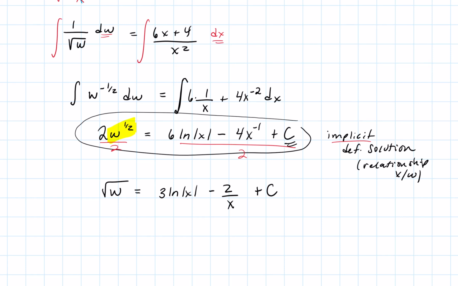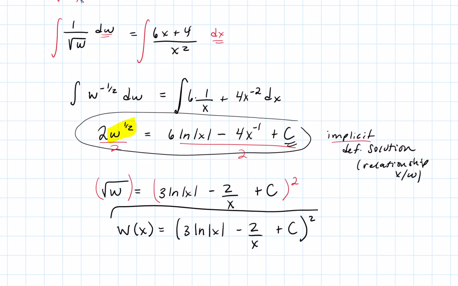All right, now we're still trying to solve for w, to write it explicitly as a function of x. So let's go ahead and square both sides at this point. Now we have w as a function of x is 3 natural log of the absolute value of x minus 2 over x, plus c, squared.